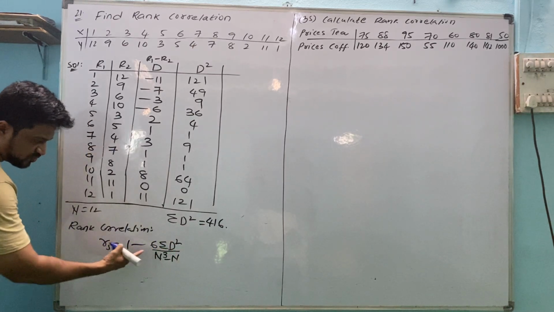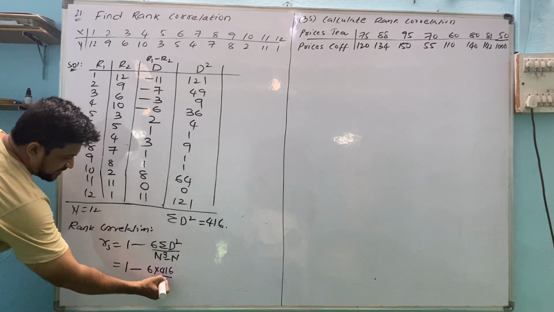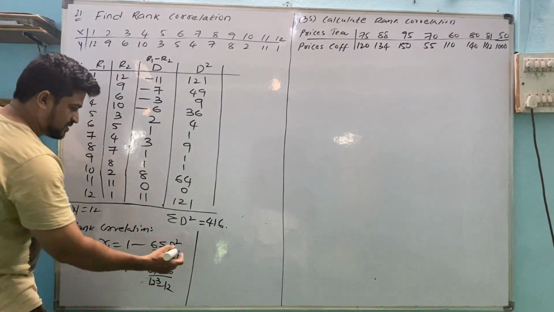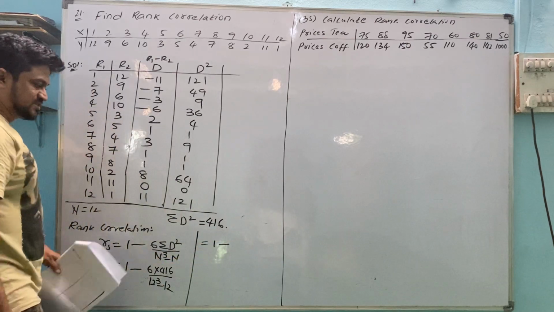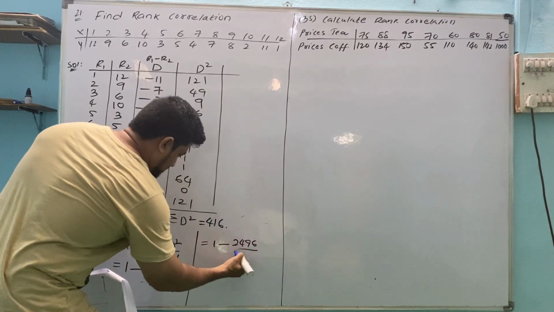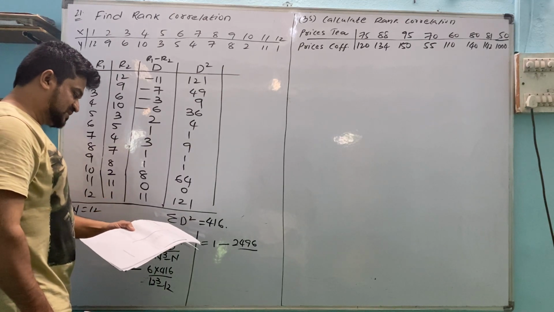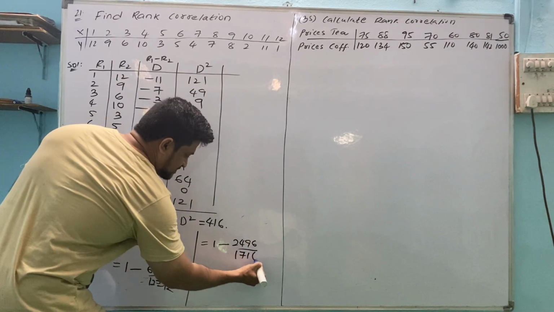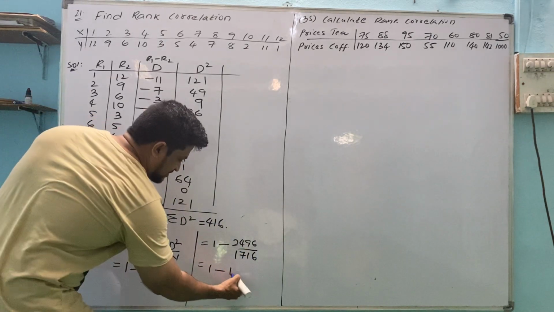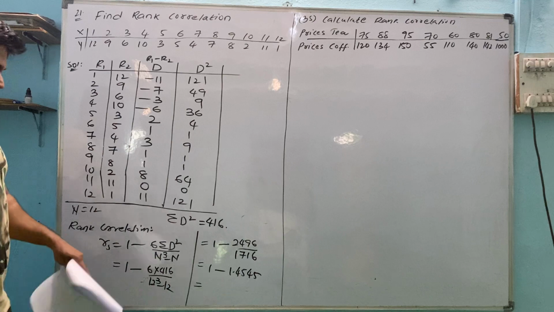This formula is for all values. So 1 minus 6 into 416, that is 2496, by 12 cube minus 12, that is 1716. If we divide both of them, we get 1.4545. 1 minus 1.4545 is minus 0.4545.